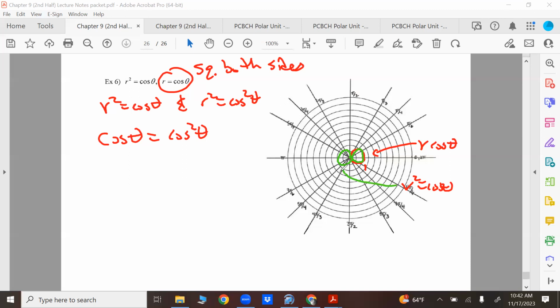You're going to remember that, because they are squared.